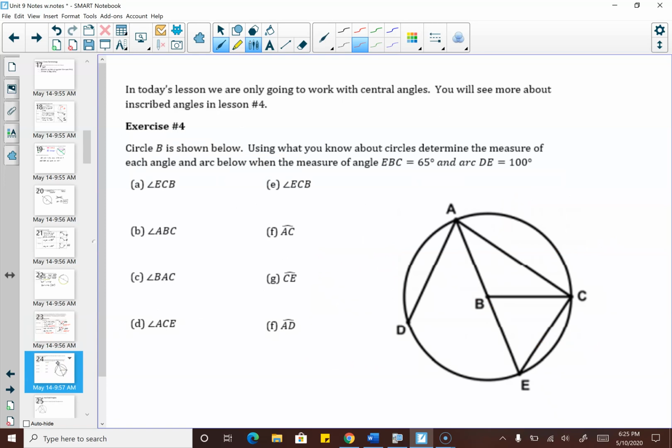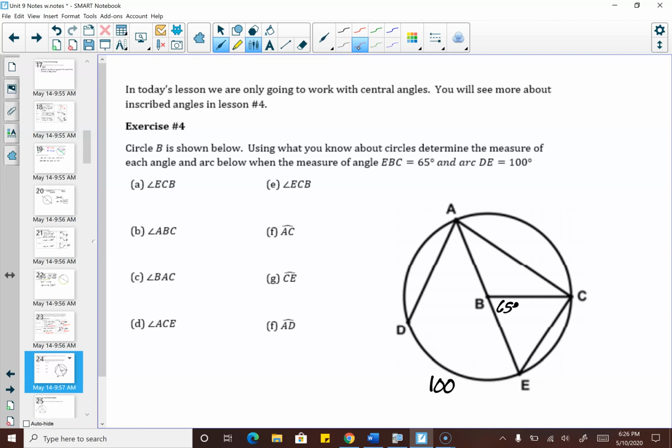So let's take a look here. In today's lesson, we're going to look mainly at central angles. We'll get a lot more into inscribed angles in the next lesson. Exercise 4 says circle B is shown below. Use what you know about circles to determine the measure of each angle and arc below when the measure of angle EBC is 65 degrees, and arc DE, that short distance between D and E, is 100.